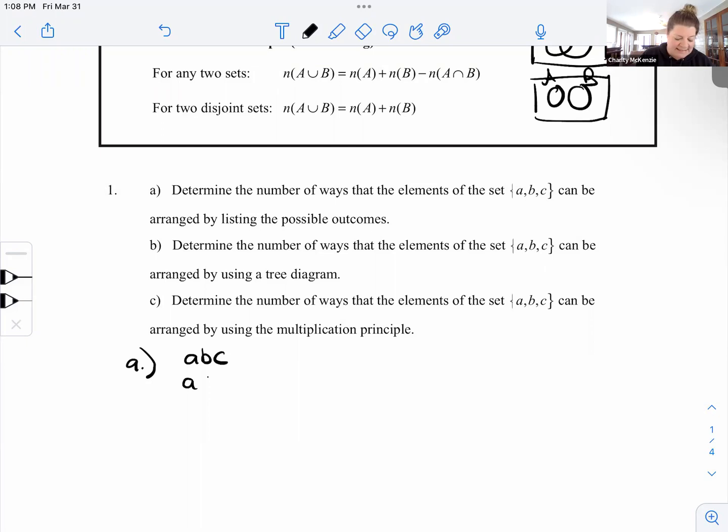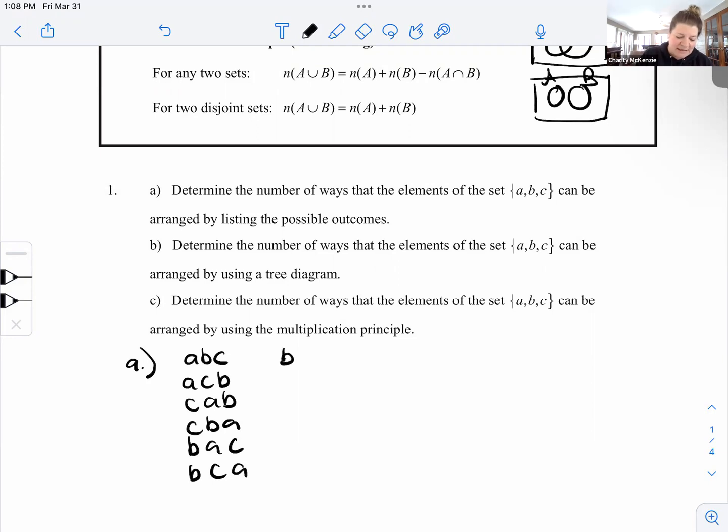We can do ACB. We could do CAB, CBA. We could do BAC, BCA. I think I got them all. 1, 2, 3, 4, 5, 6.